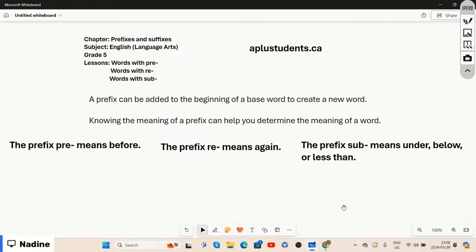So those are the 3 lessons that we're going to be focusing on. And like I said, the other lessons we are going to still do over a period of about 3 sessions, right?